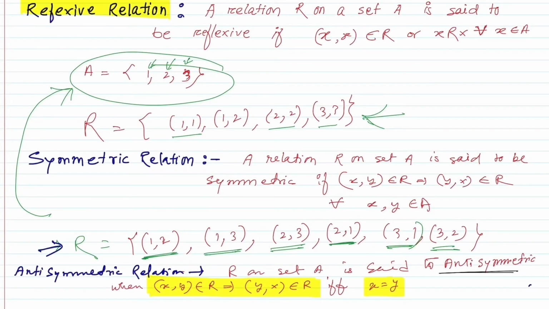An antisymmetric relation doesn't satisfy this condition when x is not equal to y. So I hope you have understood the difference between symmetric and antisymmetric relation.